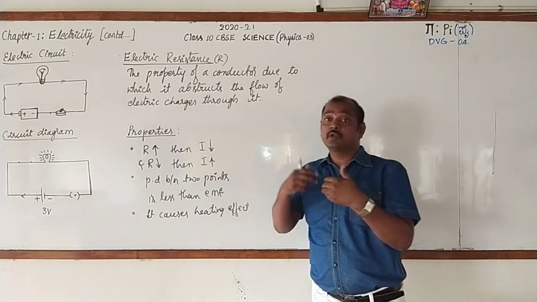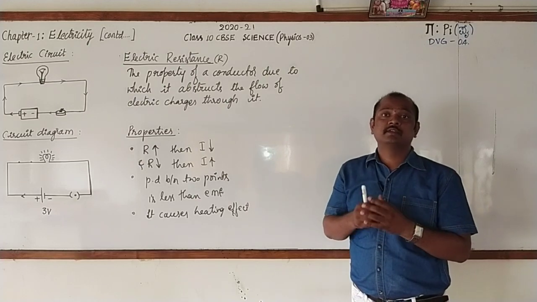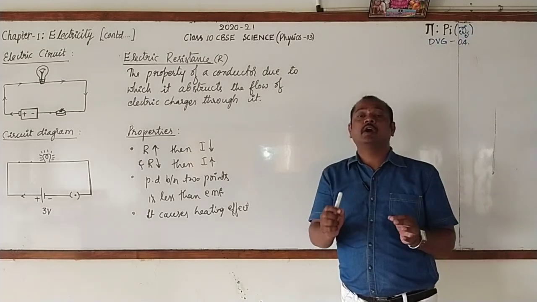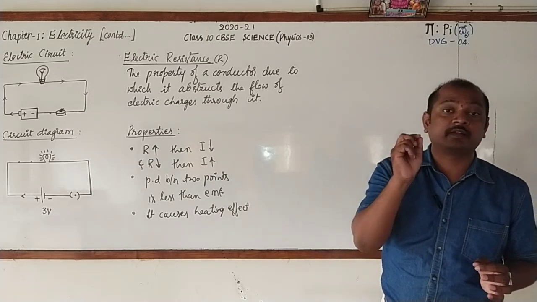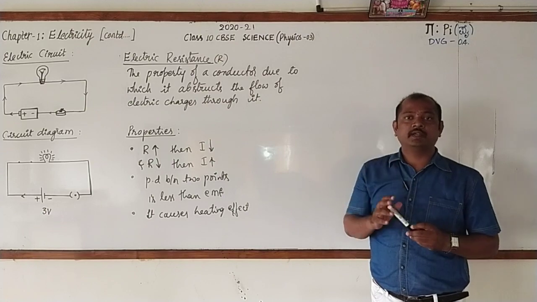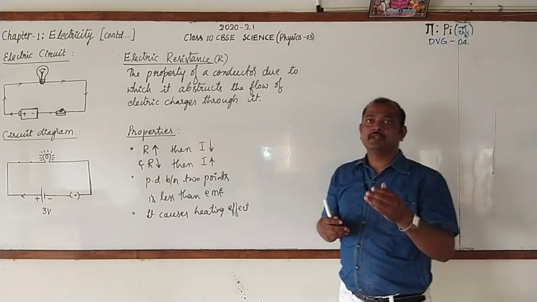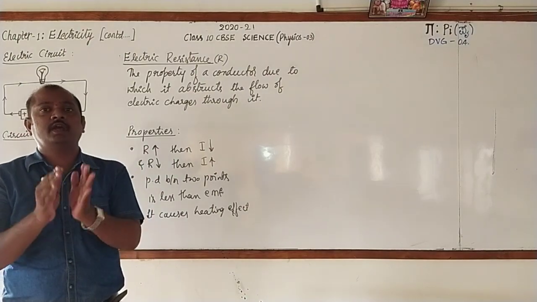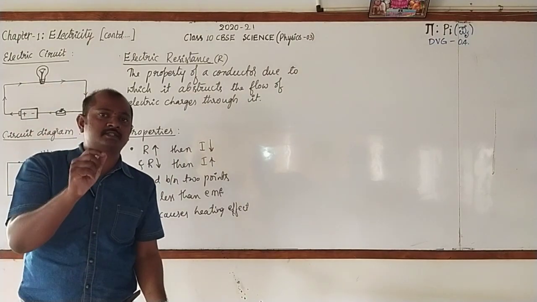If it offers more electric resistance, then it is a bad conductor or poor conductor. If it offers zero electric resistance, then we call it a superconductor. So do remember, superconductors offer zero electric resistance.